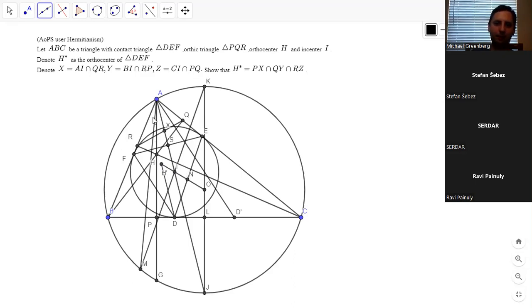Basically, if these are isogonal, then the intersection of those points with the incircle will be parallel to EF. And also since DH prime and DI are isogonal, their intersection points will also be parallel to EF. But we know DI passes through that point. I like that. It's nice. Okay. So we know that they concur. I like it.